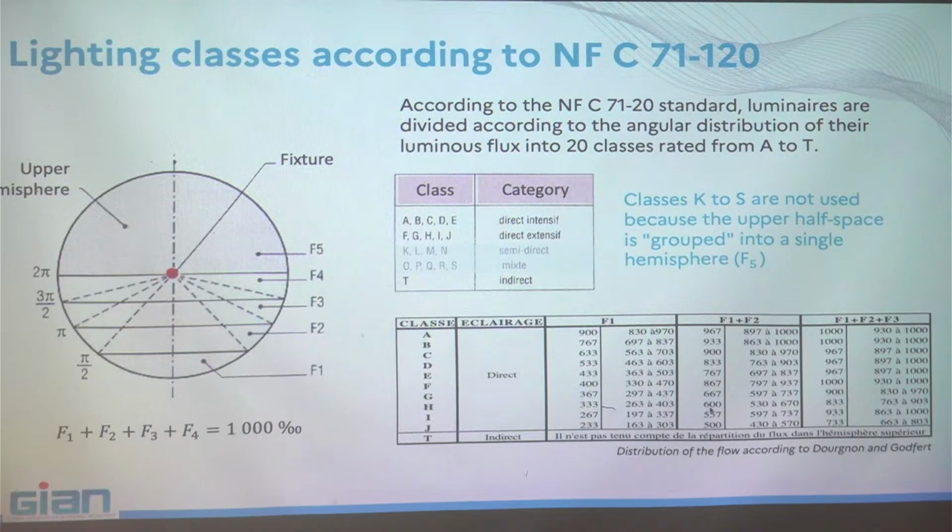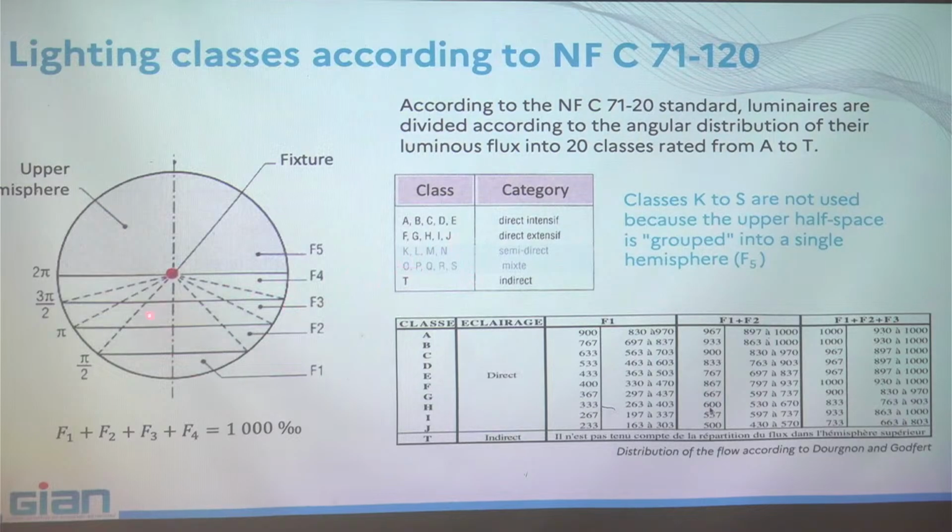They said, okay, let's assume that a fixture is 1, 2, 3, 4, corresponding to some standard angles in 3D.